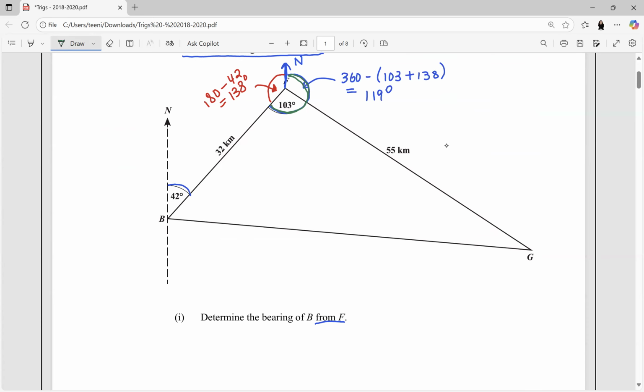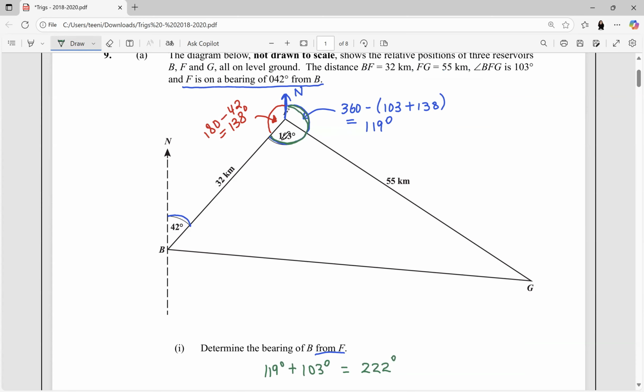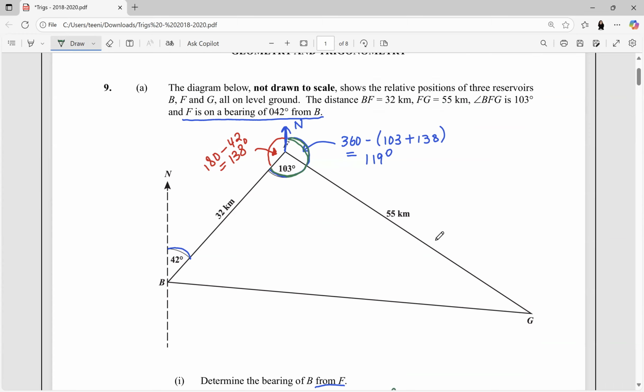So therefore, the bearing of B from F will be 119 degrees plus 103 degrees, which will give me 222 degrees. Anybody was able to get this question correct? Very good, right? So 222 degrees will be the bearing of B from F.